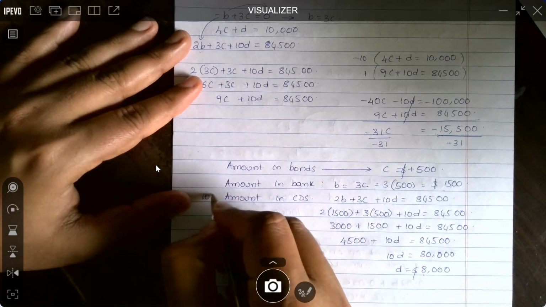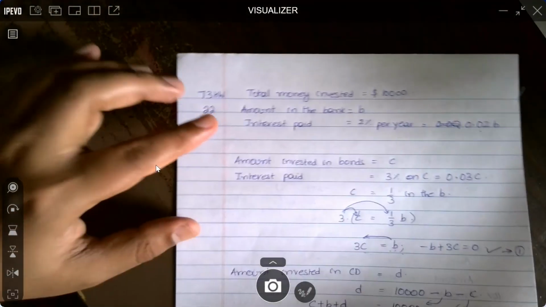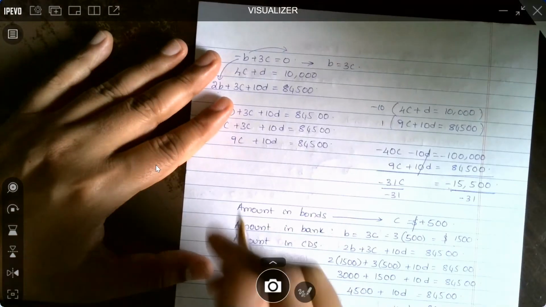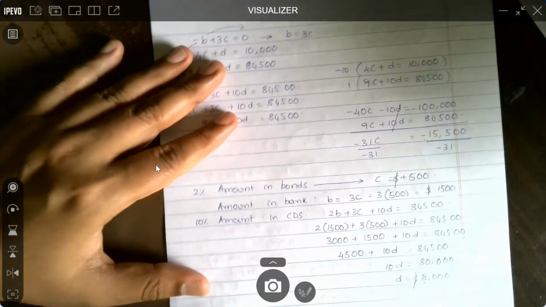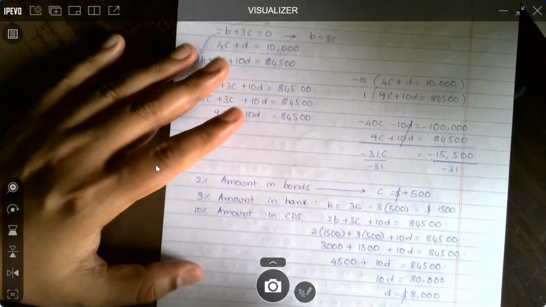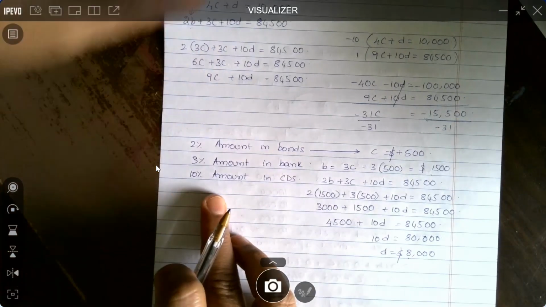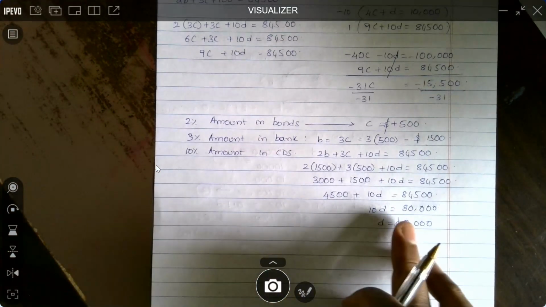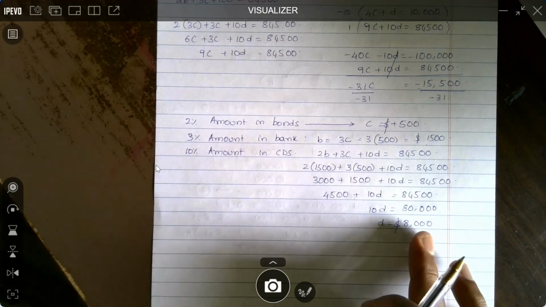CDs are giving you 10%, the bank is giving you 2%, and the bonds are giving you 3%. Of course the highest amount is paid by CDs, and that's why I'm investing more money in CDs.